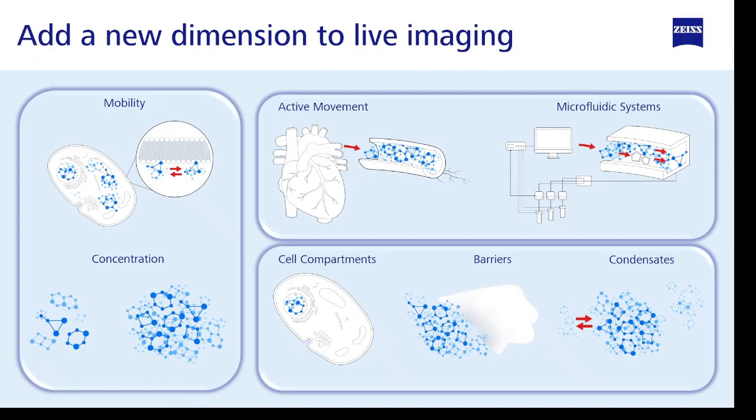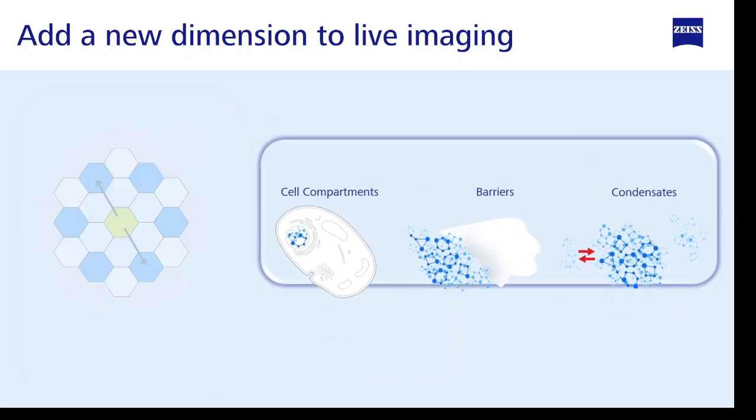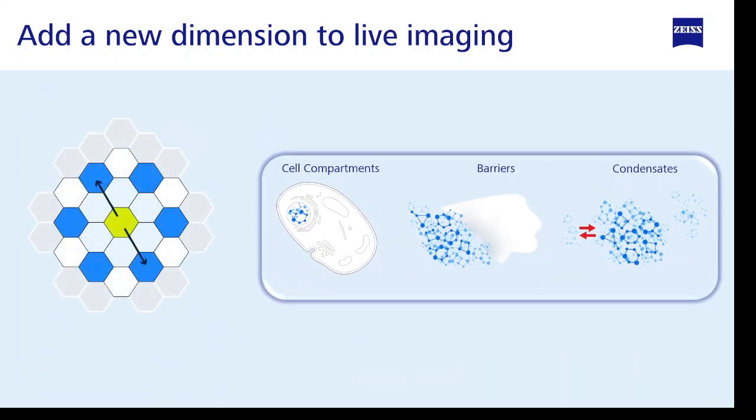The third analysis option is to measure the asymmetric diffusion behavior. So you can measure the different molecular behavior in cell compartments, barriers, and condensates. In this measurement, the Airyscan detector works in a different way.